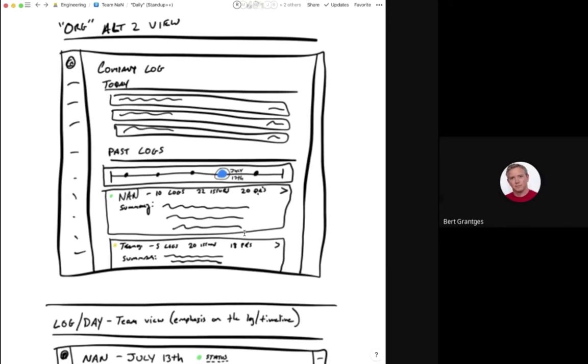The other thing that was on there that I don't think you mentioned, maybe I missed it, was who's on PTO. That's something I've heard from several customers when we talk about some of these new concepts: I want to understand who's on PTO this week or who has PTO planned.